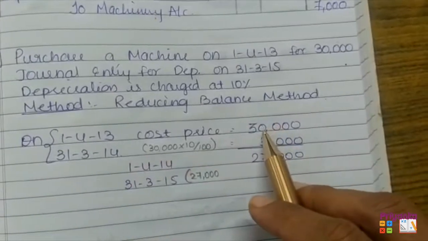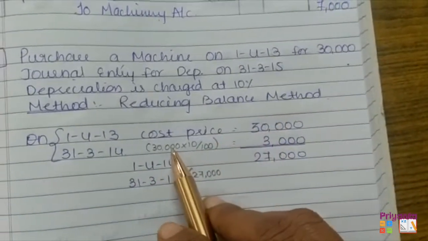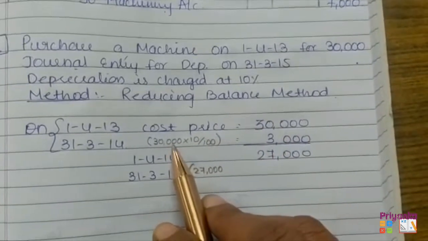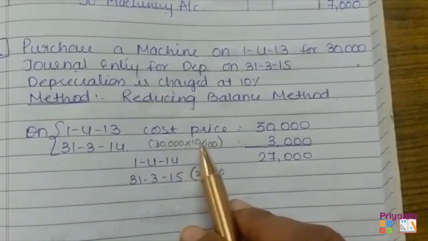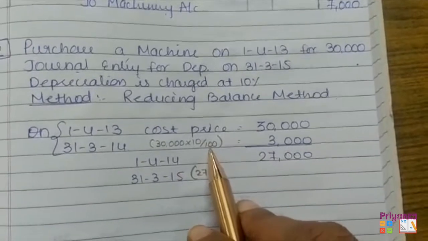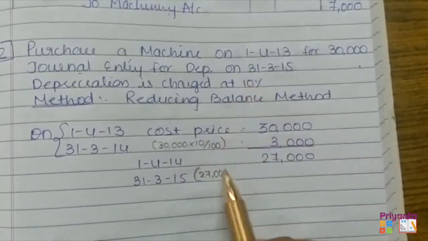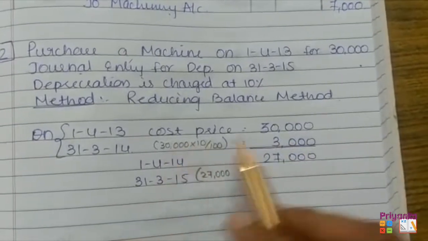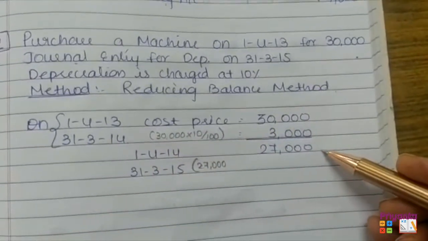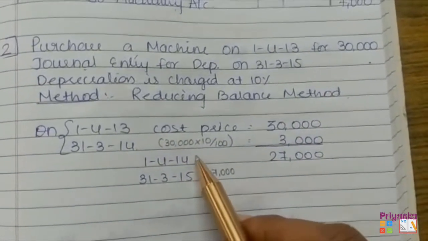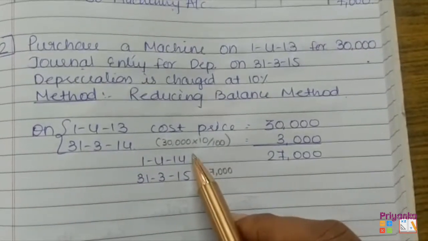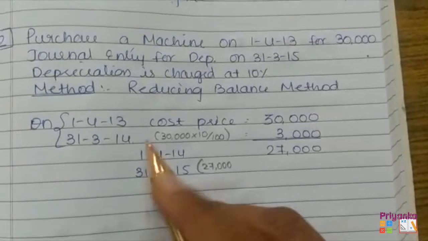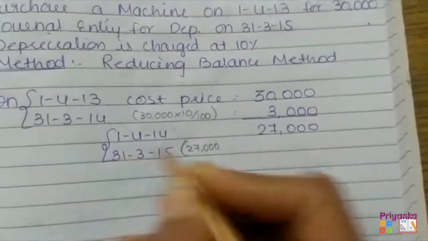At year end, the opening balance is taken, because in this reducing balance method, first we'll take the opening balance of the year and remove 10% depreciation as per the question. 3,000 was the depreciation as per this calculation. The value remained 27,000 on the date 1st April 2014. So on 31st March 2015, again, this is the second year.